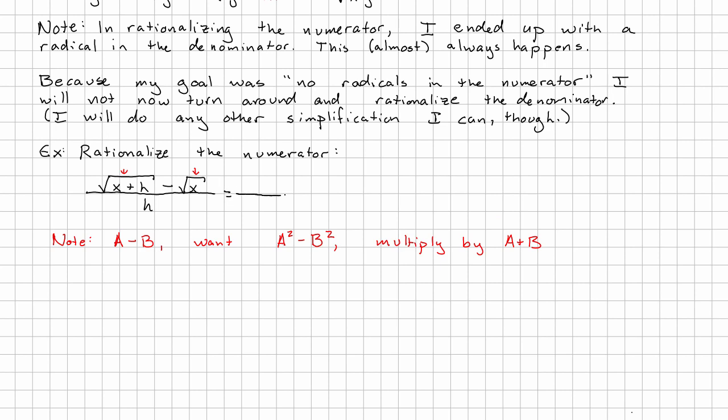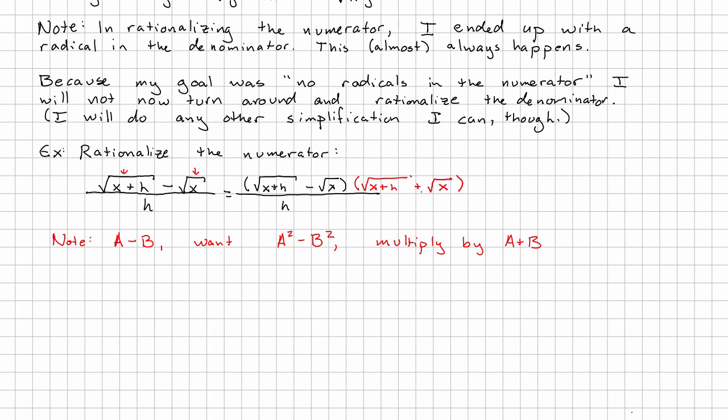So in my numerator, I have root x plus h minus root x. In my denominator to begin with, I have an h. I want to multiply my numerator by root x plus h plus root x.